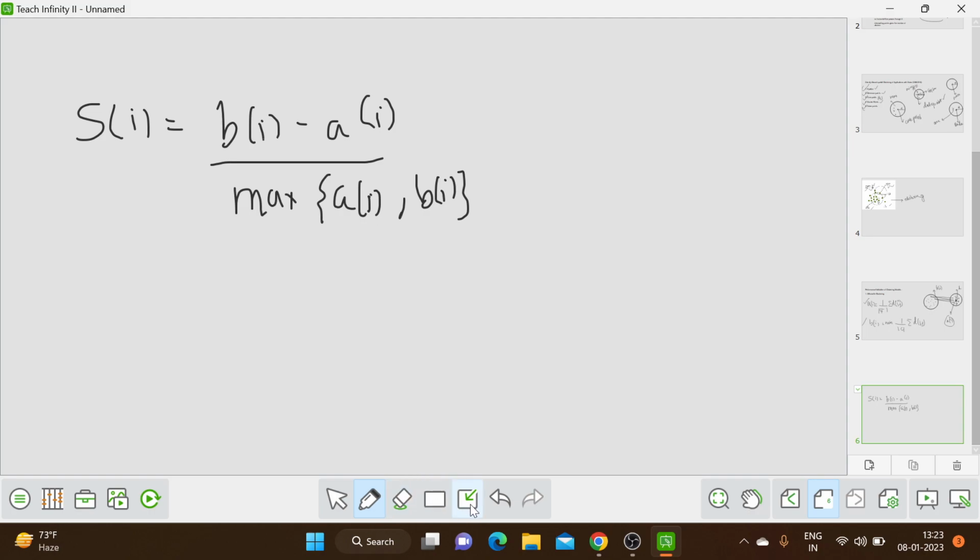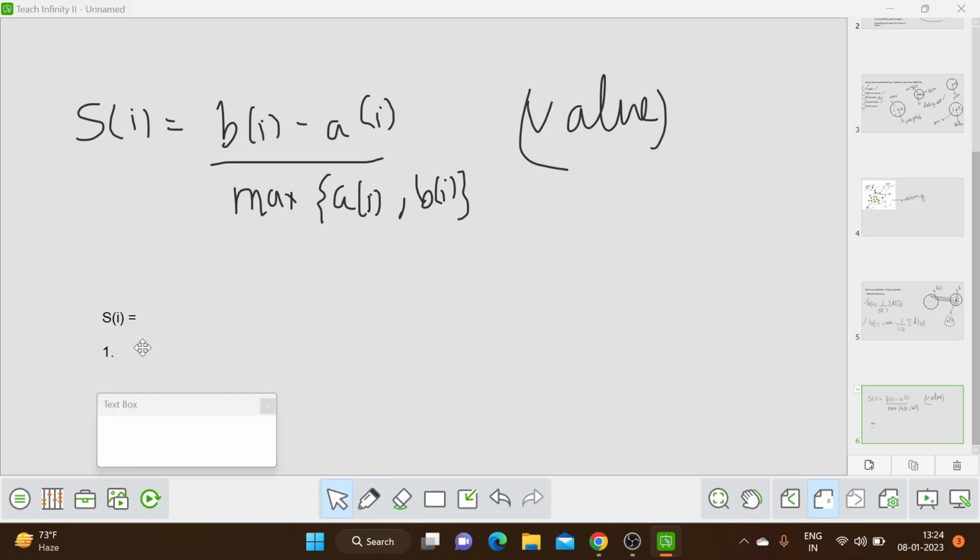From this calculation we get some value. Now how do we say whether it's a good model or a bad model?